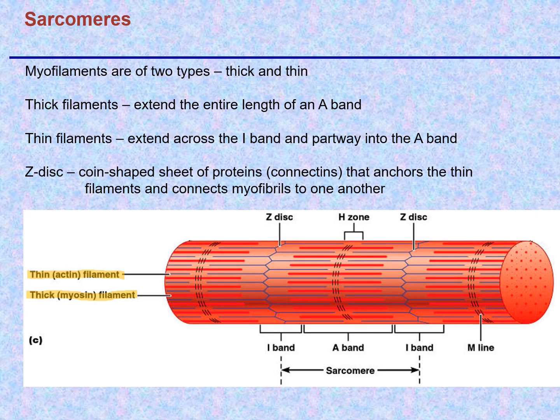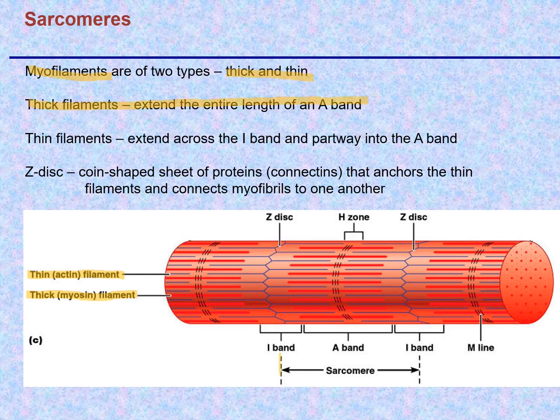So if you look carefully here, you'll see that the blue ones are the thin filaments, and the red strands are the thick filaments. So you have thin filaments and thick filaments, or myofilaments, which extend the entire length of a region.